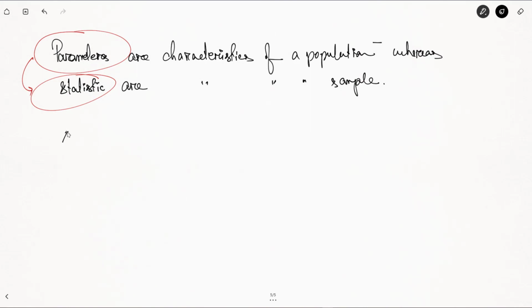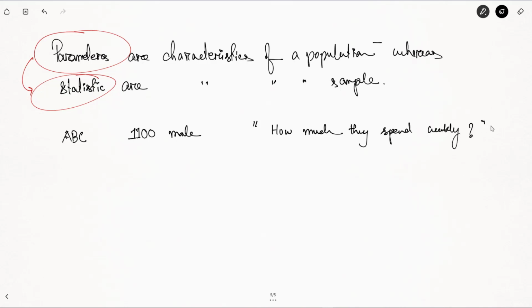In a college A, B, C, there are 1100 male students, and my interest is how much they spend weekly. That is my question that I want to answer. How much they spend weekly.